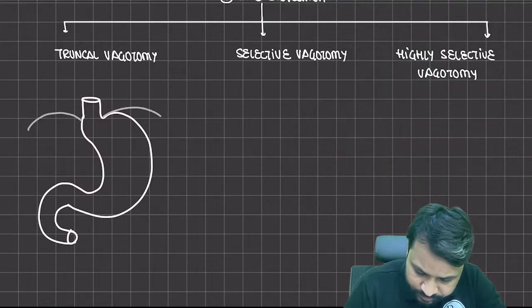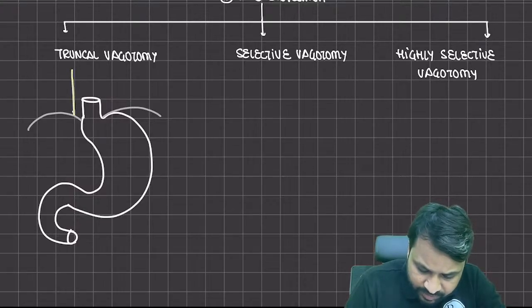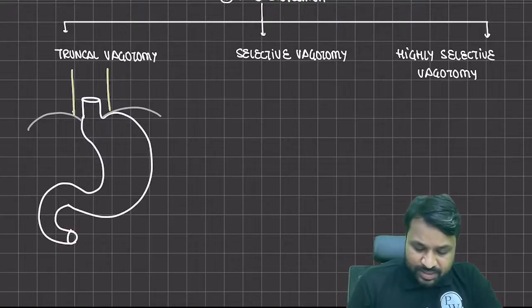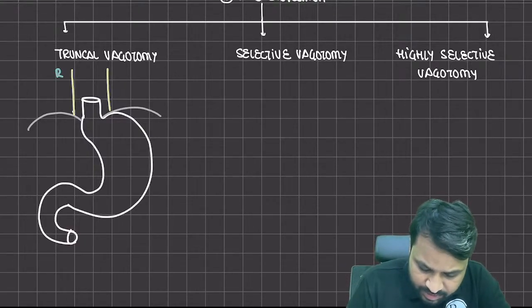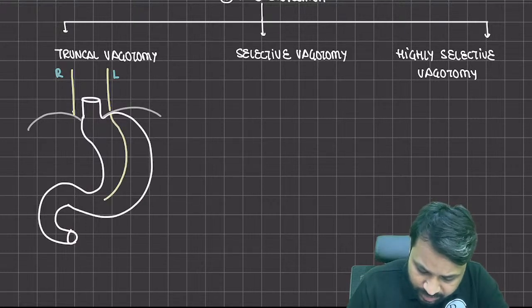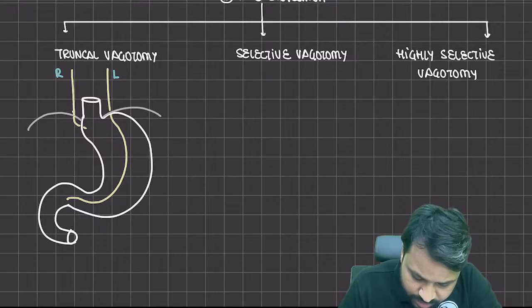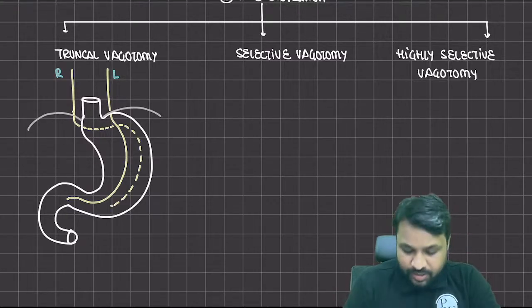We had two vaguses: one is your right vagus, another one is your left vagus. The left becomes anterior, the right becomes posterior. So the left vagus is going to become anterior when it is coming into the stomach. The right is going to become posterior when it goes into the stomach, right?